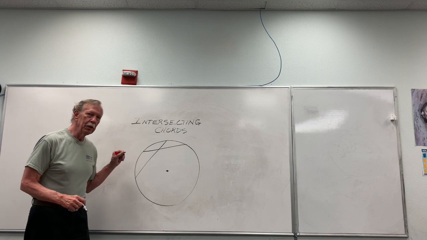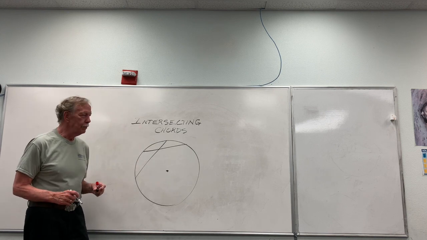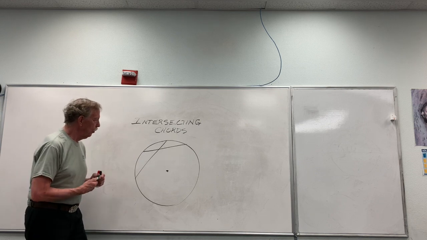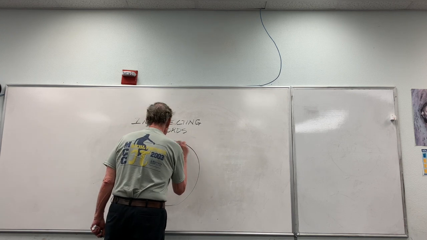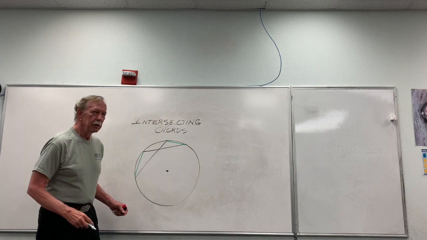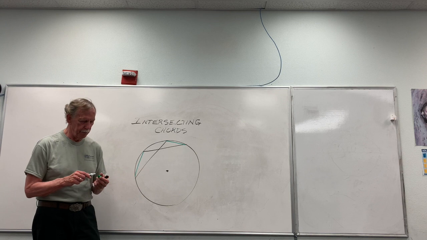In this picture, we're going to examine intersecting chords. To help us in this picture, we're going to put in two lines. This line and this line, creating in the picture kind of a bow tie sort of shape.